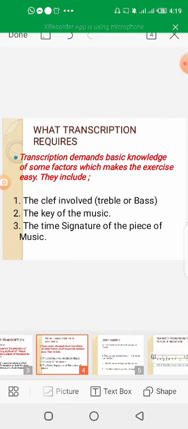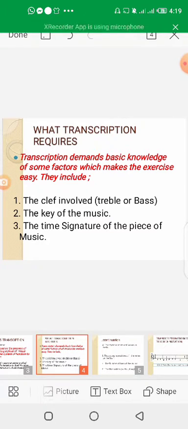So you're supposed to note the key of the song. For example, if it's on key C major, which has no flat or sharp, if you're transcribing it to another system of notation, make sure it is also on key C major. Don't worry, we shall be running through some examples for you to see.